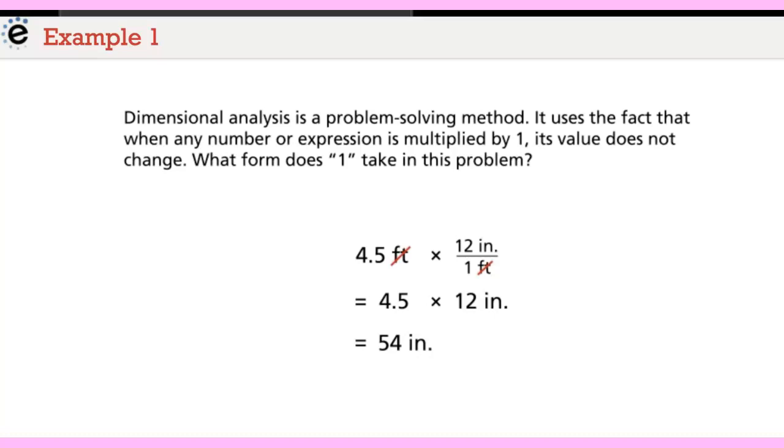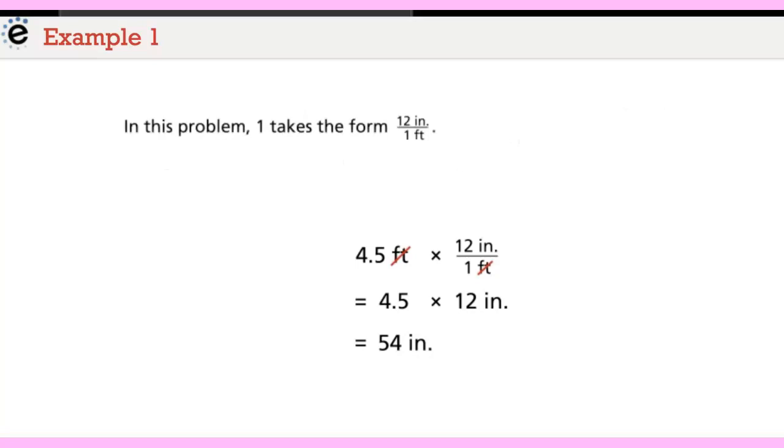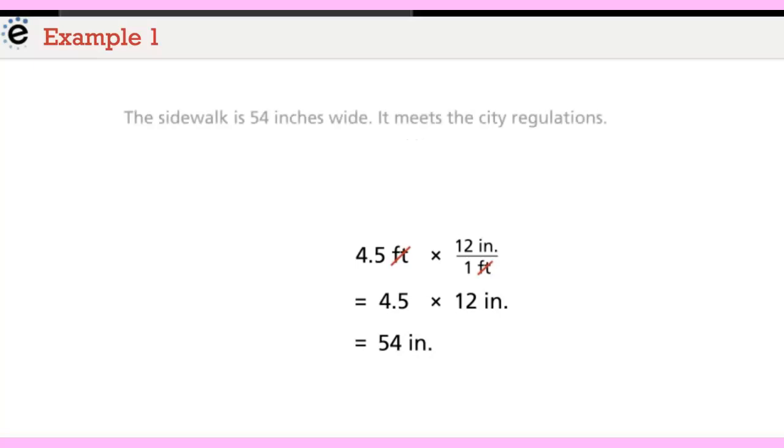It uses the fact that when any number or expression is multiplied by 1, its value does not change. What form does 1 take in this problem? In this problem, 1 takes the form 12 inches over 1 foot. The sidewalk is 54 inches wide.